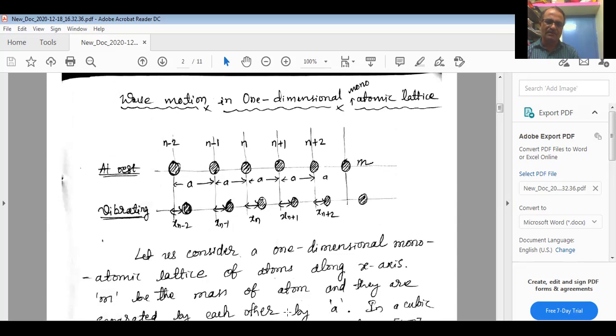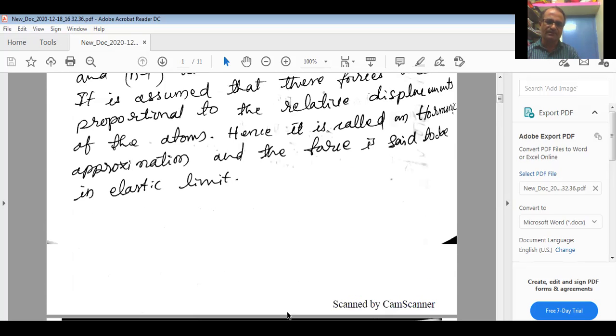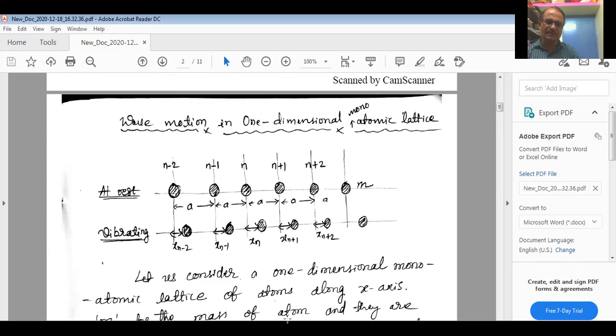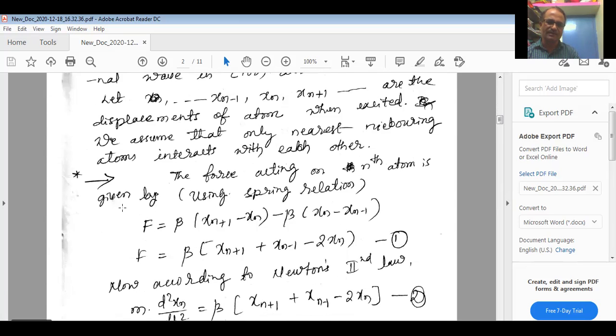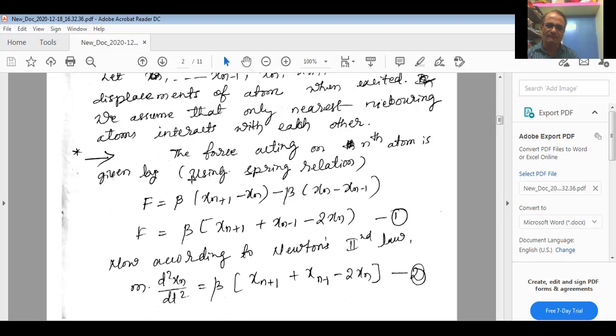So this paragraph you substitute here, you write here before this start. So therefore, we assume that the vibrations are harmonic in nature as the forces are within the elastic limit. And the force acting on the nth atom is given by using the spring relation or Hooke's law.